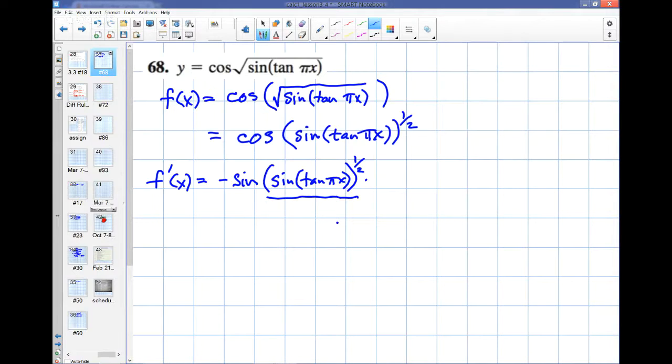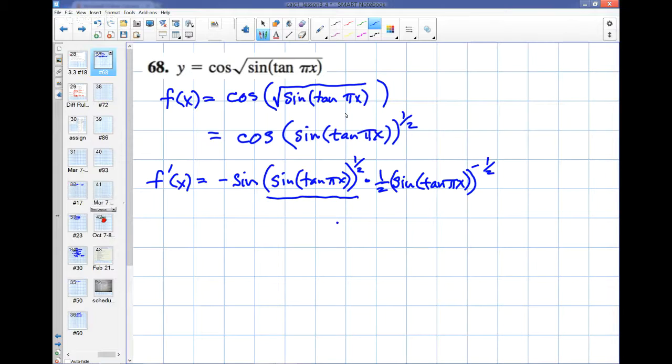As I'm doing the chain rule, I have to take the power down in front, and the rest of this stays the same. Reduce the power by 1. Just trying to make sure I have parentheses in the right place here. Okay, so I reduce the power by 1. So there's the power rule.